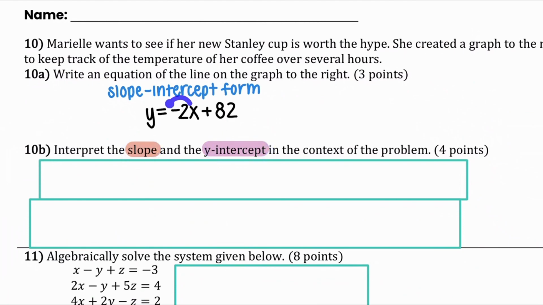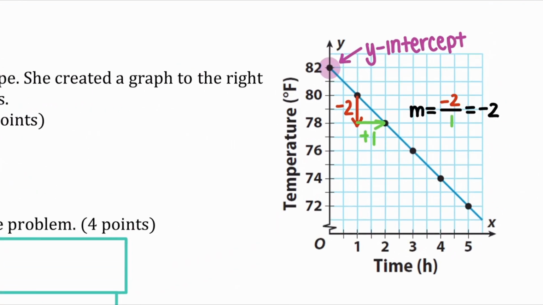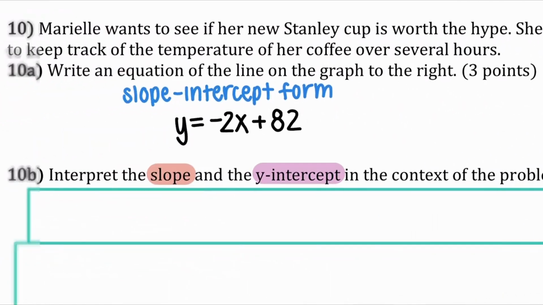Let's look at 10b. So 10b says to interpret the slope and the y-intercept. So again, our slope in this case is -2. So we can approach this in 2 ways. We can either just have a general statement of what the slope means, or we can use the number specifically according to the question and explain what that means. So generally speaking, we know that the slope is the change in temperature over time. Y'all see that?